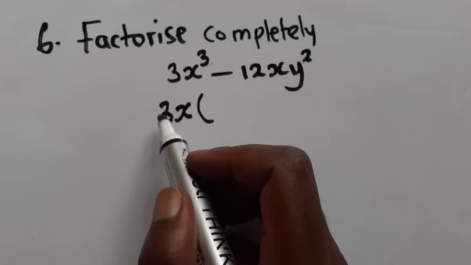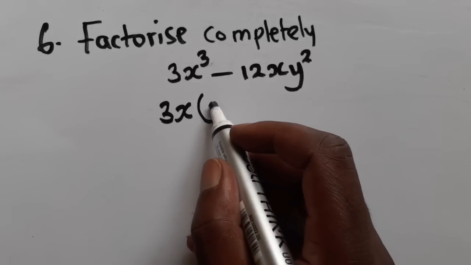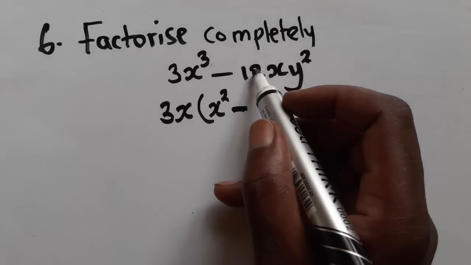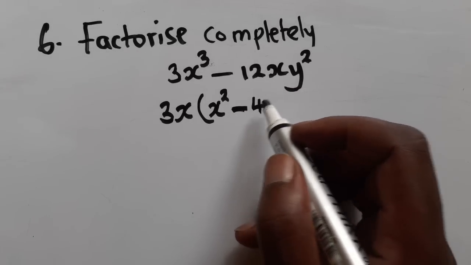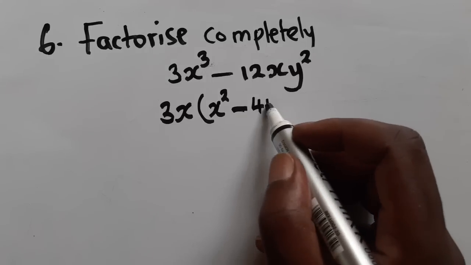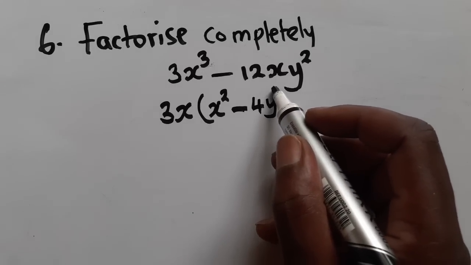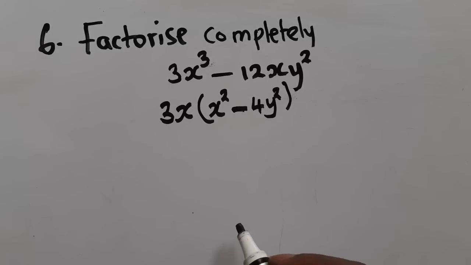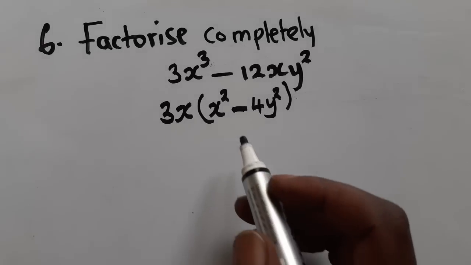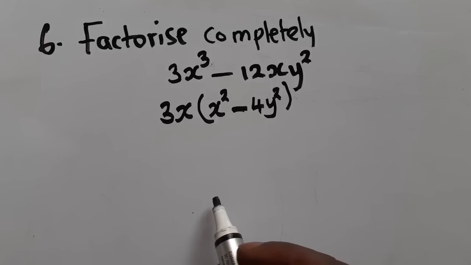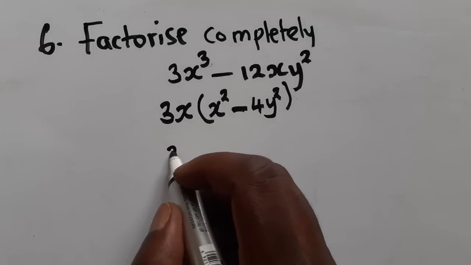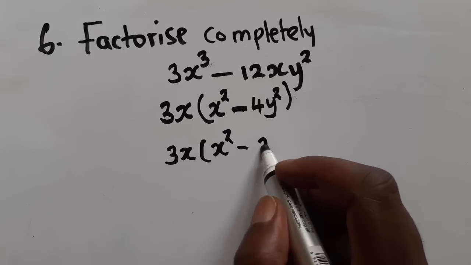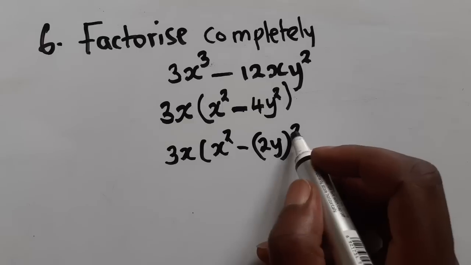Now here when we remove 3, it's outside, x is outside, so here we remain with the x squared minus 12 divided by 3, we get 4. This x is outside, so we remain with the y squared. All right, so you check what is inside, and when you closely look at it, you'll be able to see that we can factorize this one using a difference of 2 squares.